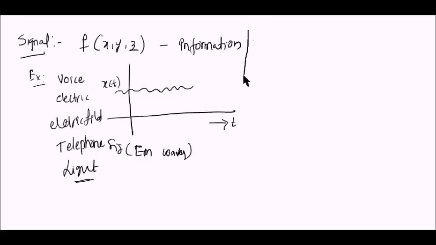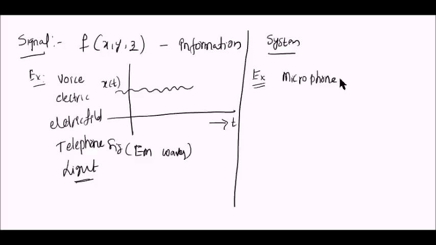Now let's discuss what a system is. A system is a physical entity which has the ability to take a signal as input, do certain manipulations on it, and produce another signal as output. An example of a system, as we saw previously, is the microphone, which takes voice as input and produces an electrical signal as output.